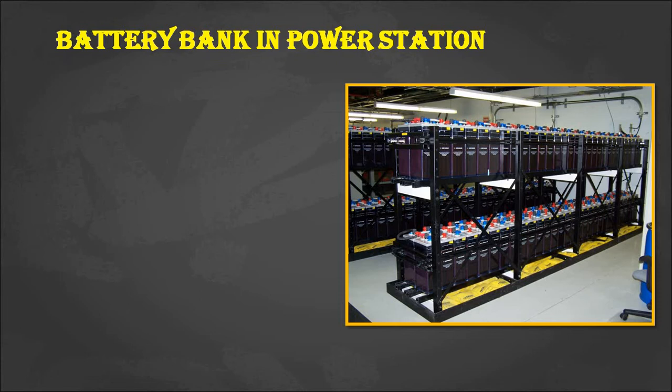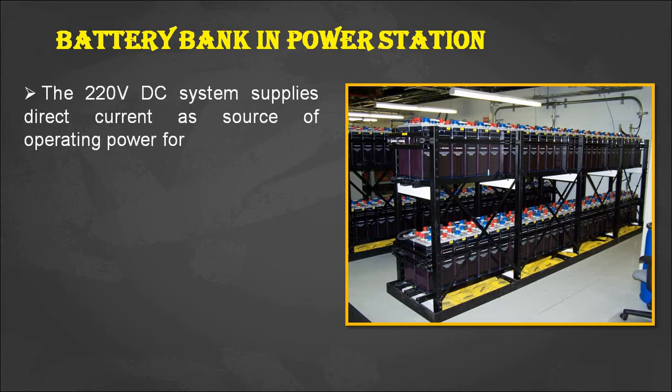Similarly, in a power generating station or in industry, the battery bank is used as a backup emergency supply. But the application of this emergency DC supply is different. Here, a 220 volts DC system is used in many power stations or industries.